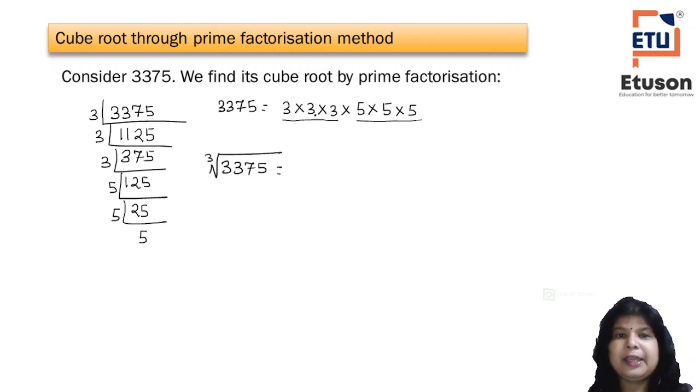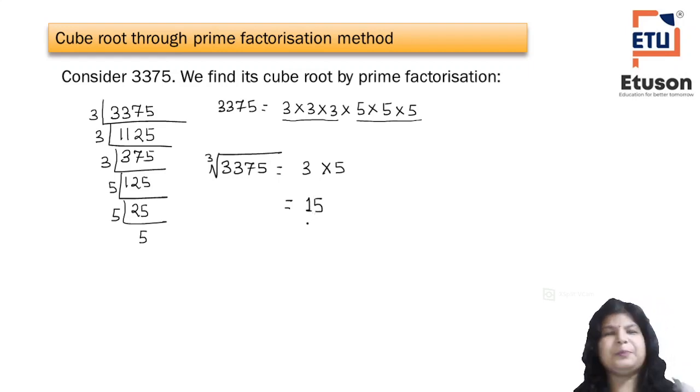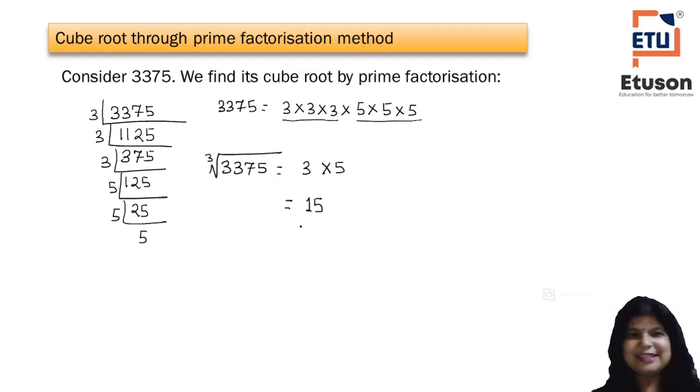What you have to take is, you have to take one number from each group. So from this group of 3, you have to take 3. From this group of 5, you have to take only 5. So your cube root of the number is given as 15. It's easy, right?